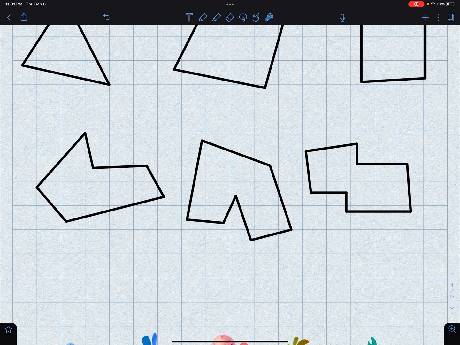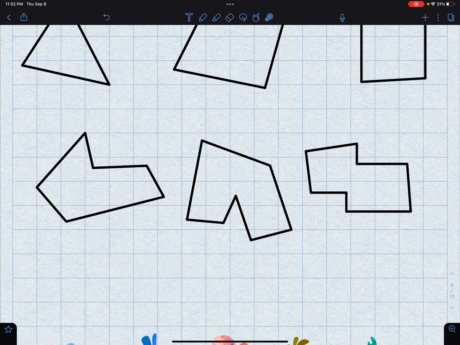This is 6 sides and 6 vertices. And I kind of remember that because 6 has an X in it and hex has an X in it. The next one is called a heptagon. So H-E-P-T. Heptagon has 7 sides and 7 vertices.